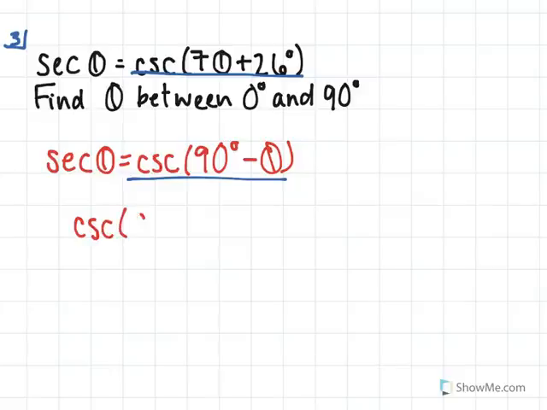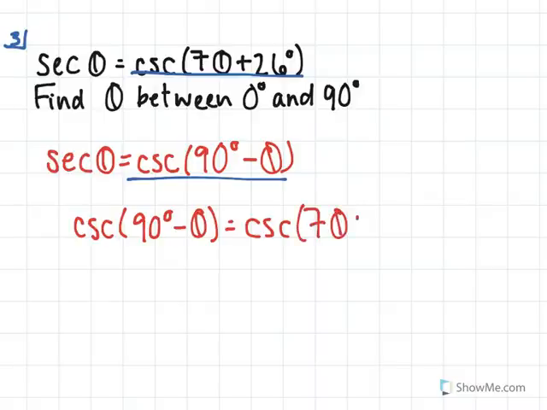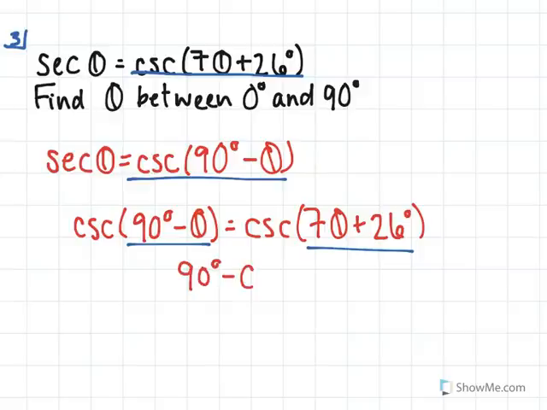So cosecant of 90 degrees minus theta equals cosecant of 7 theta plus 26 degrees. So in order for that to be true, these two things would have to be equal. So we can go ahead and say 90 degrees minus theta equals 7 theta plus 26.